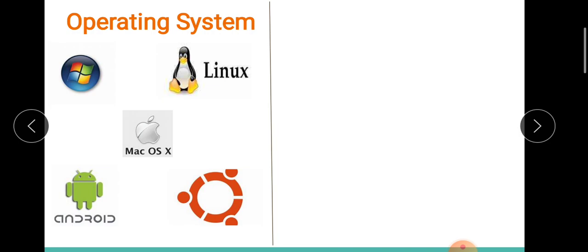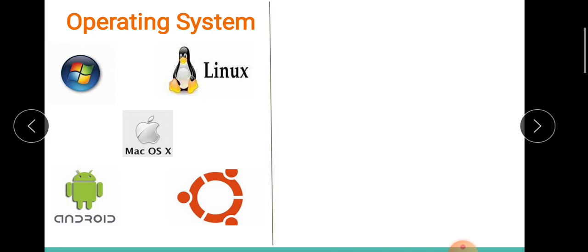I can't do that. So if the user wants to access any of the system resources, we need some kind of intermediate between them, right? Or I would say you need some kind of a bridge between the user application, which is you, and the system resources in your PC. That bridge is given by the operating system.